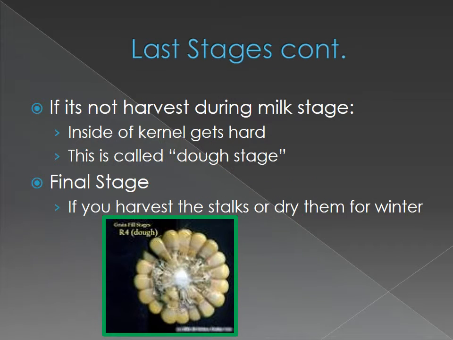If corn isn't harvested during the milk stage, the starch-making process goes on and turns the inside of each corn kernel hard. This is called the dent stage. The final stage of kernel development occurs when you harvest the stalks or if you dry them for winter.